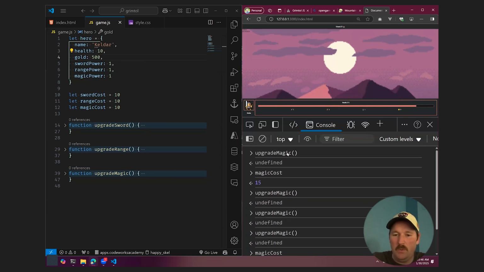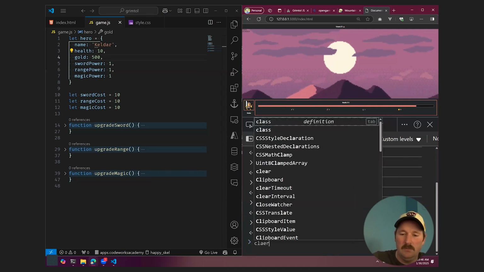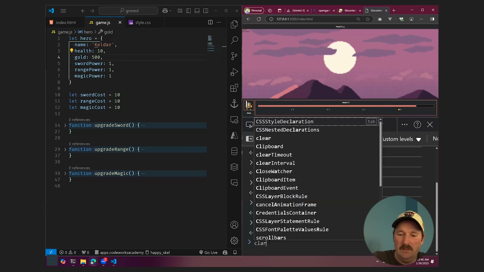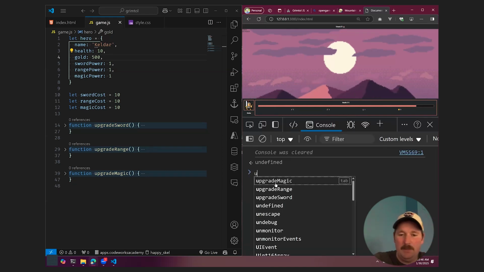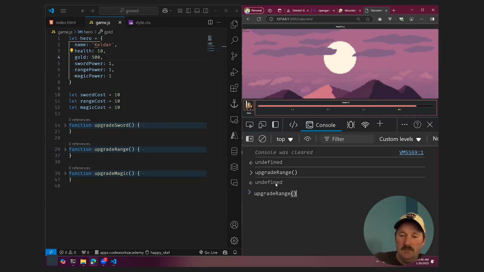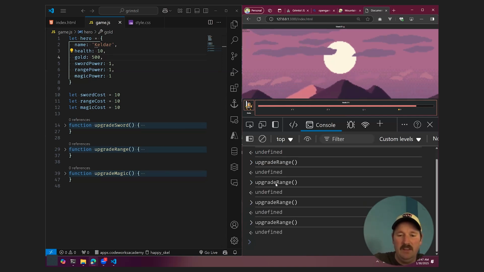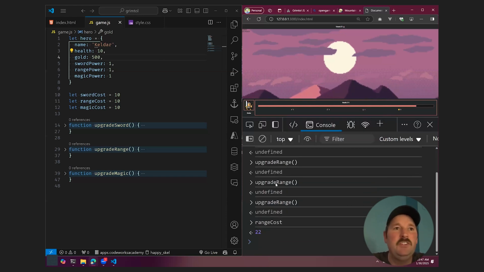So I upgraded my magic, what, 1, 2, 3, 4 times? Clear. My magic cost is at 49. So let's upgrade my range. 1, 2, 3, 4. And let's look at my range cost. Yeah, considerably cheaper to upgrade your range.